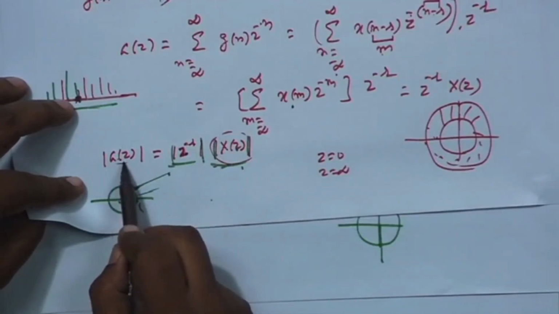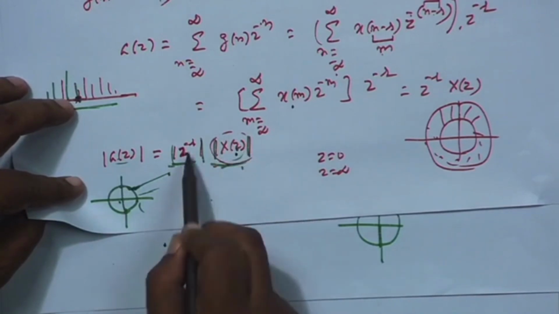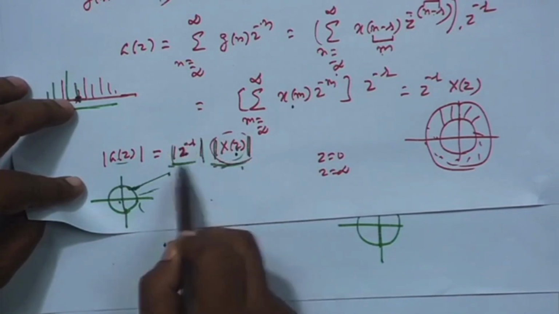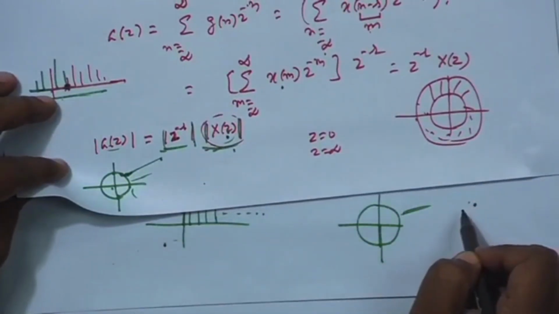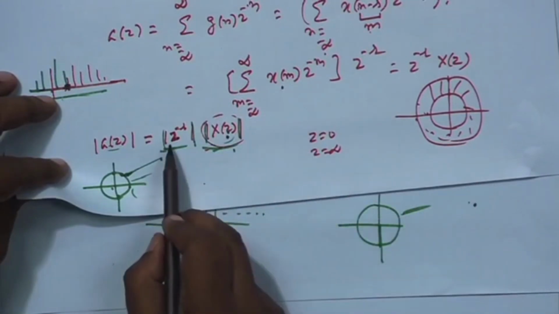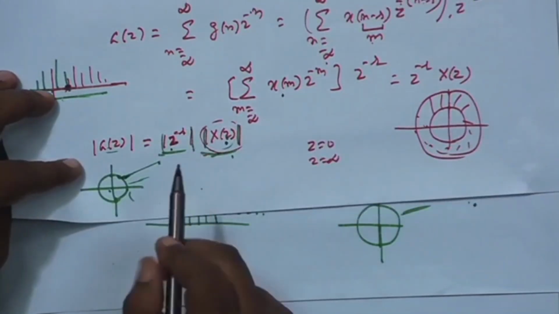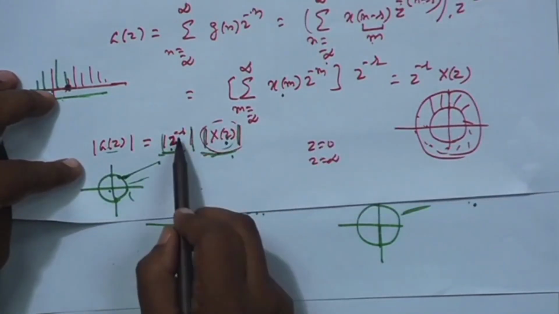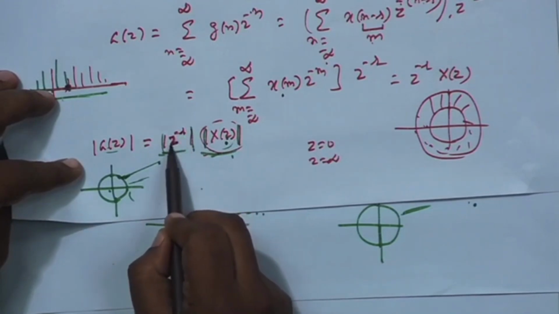to find out the ROC of G(z), you have to first see the ROC of X(z) and the region where this exists and the intersection of the two. Now, ROC of X(z) is outside a circle going up to infinity, and once again if I pick up any z from there, bring it up to infinity. The problem is infinity cannot be included there now, because if r is negative, infinity to the power positive power would have come.